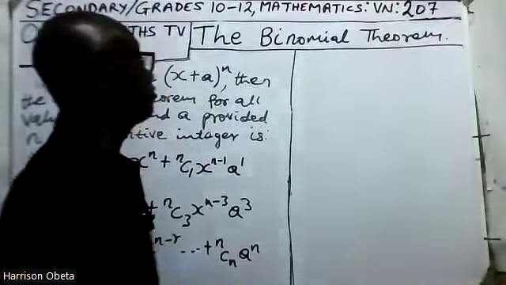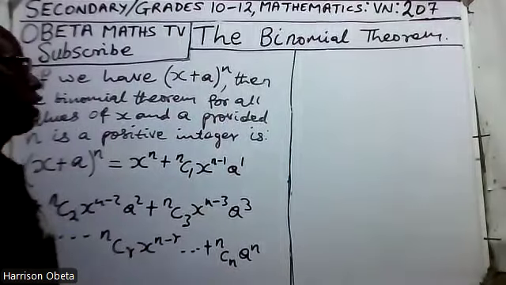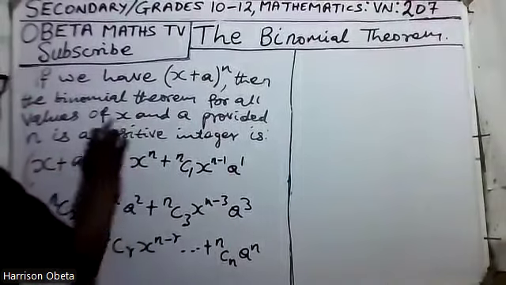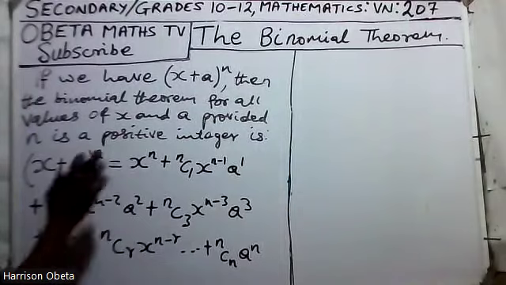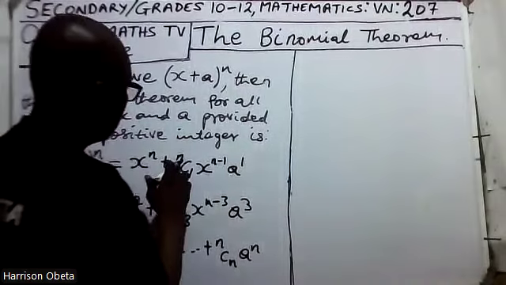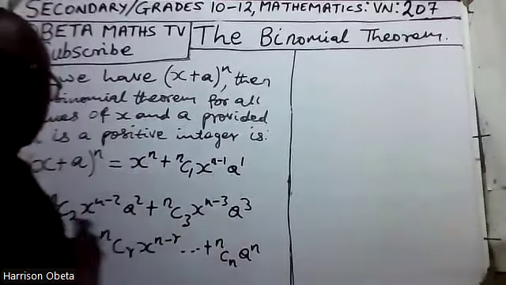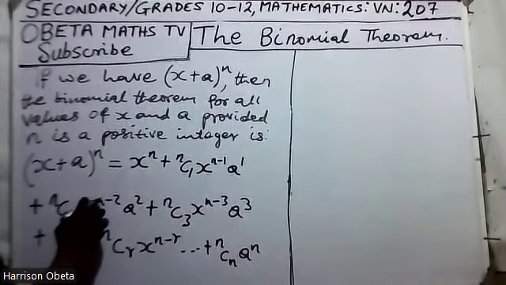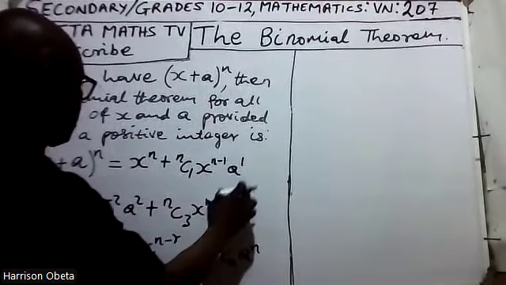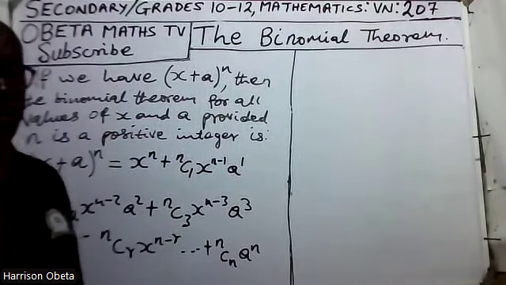So now if we have x plus a raised by n to expand, for instance, then the binomial theorem, for all values of x and a, provided n is a positive integer, is given as this formula. x plus a raised by n equals x raised by n plus n combination 1, x raised power n minus 1, a raised power 1, plus n combination 2, x raised power n minus 2, a raised power 2, plus n combination 3, x raised power n minus 3, a raised power 3, up to n combination n, a raised power n.